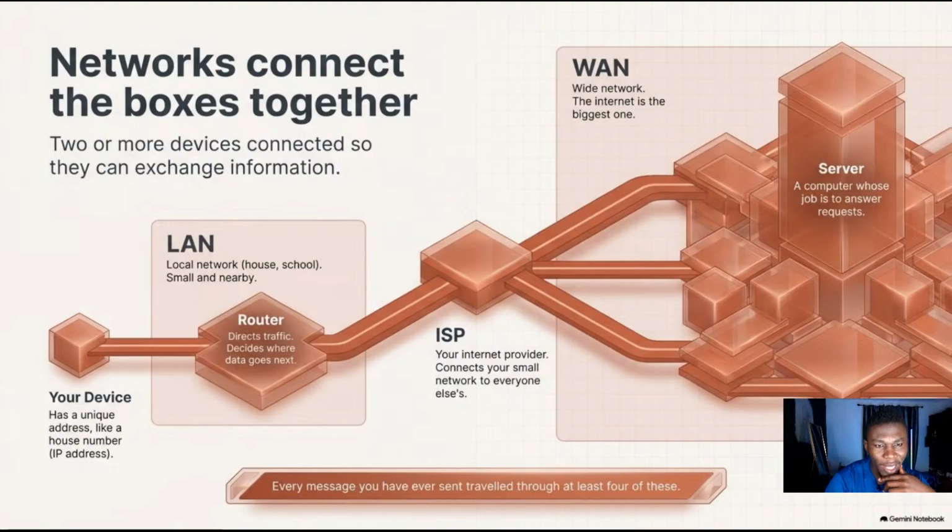So you have a device, then you have a local area network, and then your ISP, internet service provider. Then it goes to the wide area network. The internet is what is carrying all of us. So basically, this is the end of this.